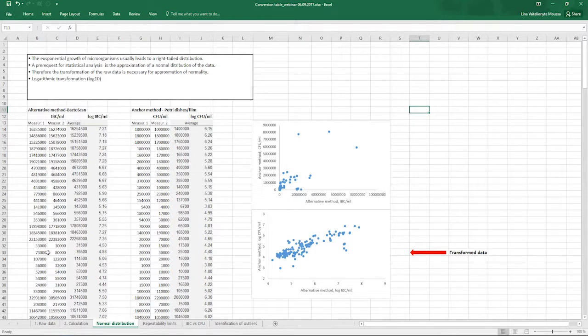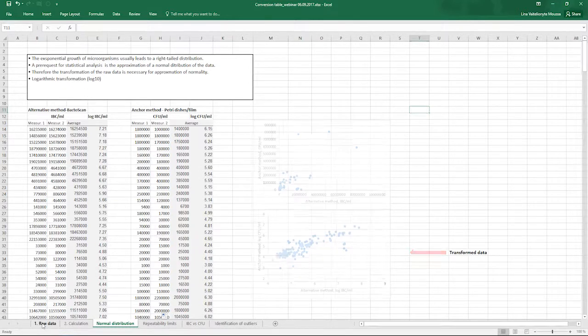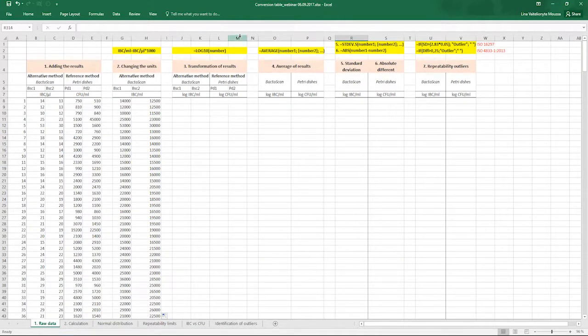Now if we go back to the raw data, you can see the formula used for data transformation. If we take the first replicate from the first sample of BactoScan IBC per milliliter, you type log10 and choose the first replicate. The same you do with the second replicate. Please note that I am using IBC per milliliter.